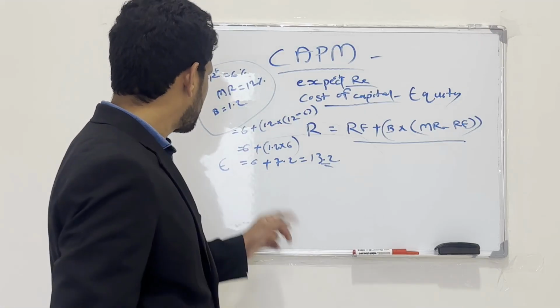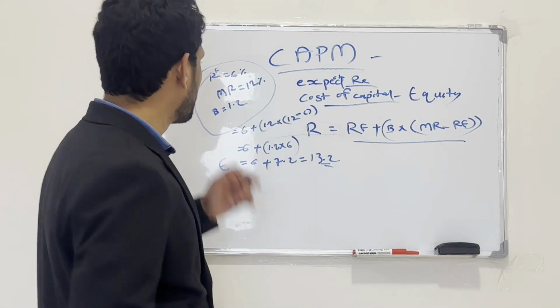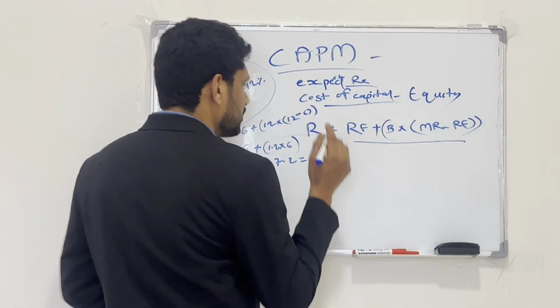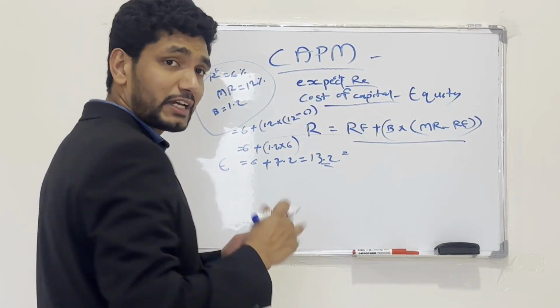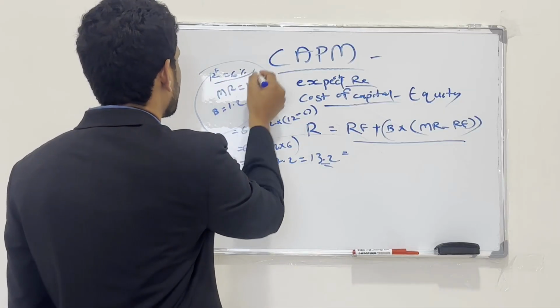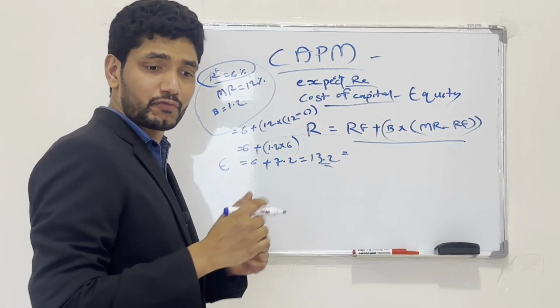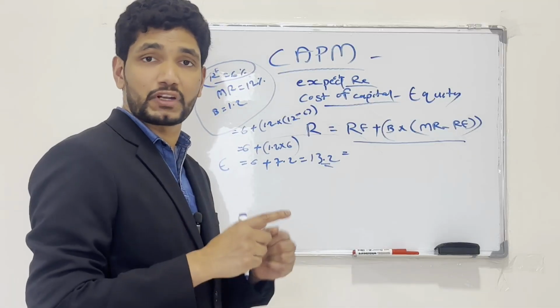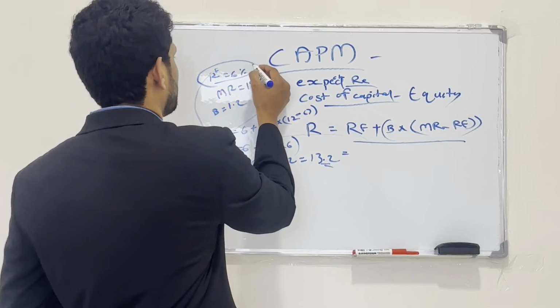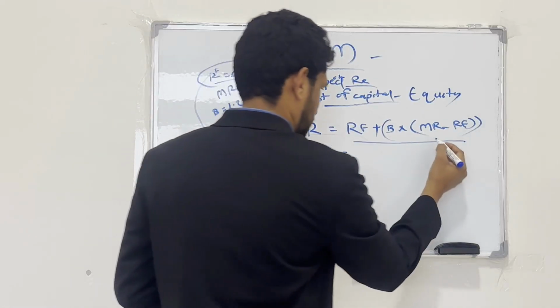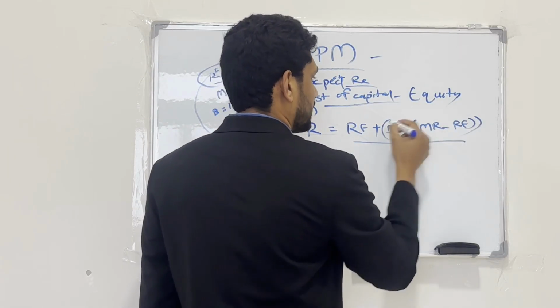So what are we measuring when we analyze this formula? Any investor making an investment has to get the risk-free return, which is completely risk-free in the economy. So this 6% he has to get, plus the market risk premium.